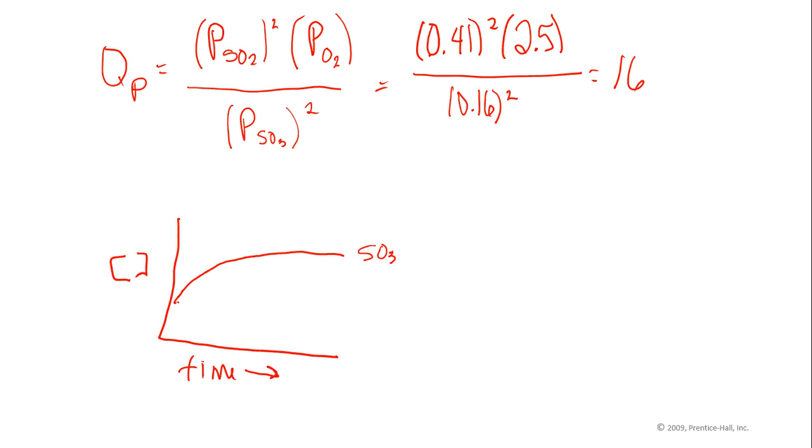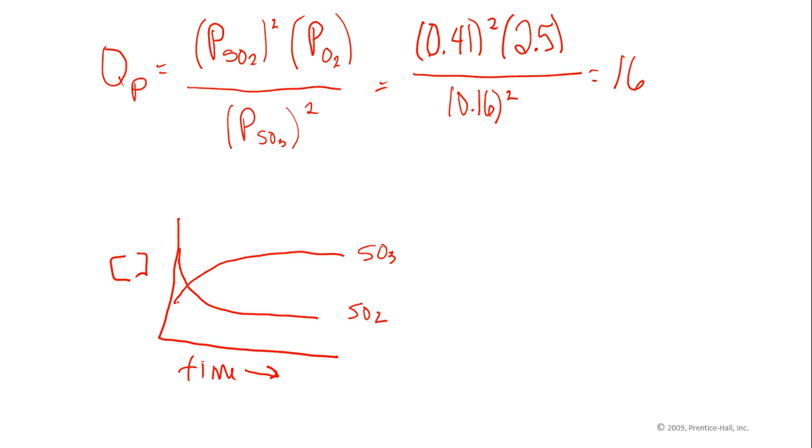Because it's our lowest, 0.16, that's why it's going to be the lowest on our graph. Then we're going to have SO2 is going to need to decrease.